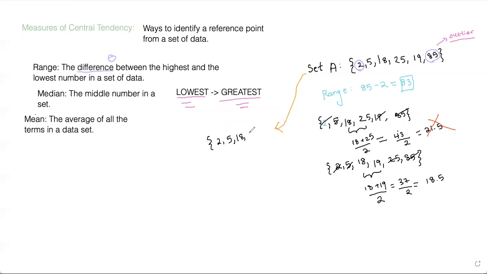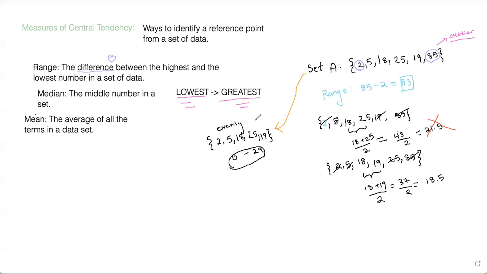18, 25, and 19, right? So these seem to be quite evenly distributed, as in they're centered around a certain number set. Like from 0 all the way to 29, it's centered around this data value.